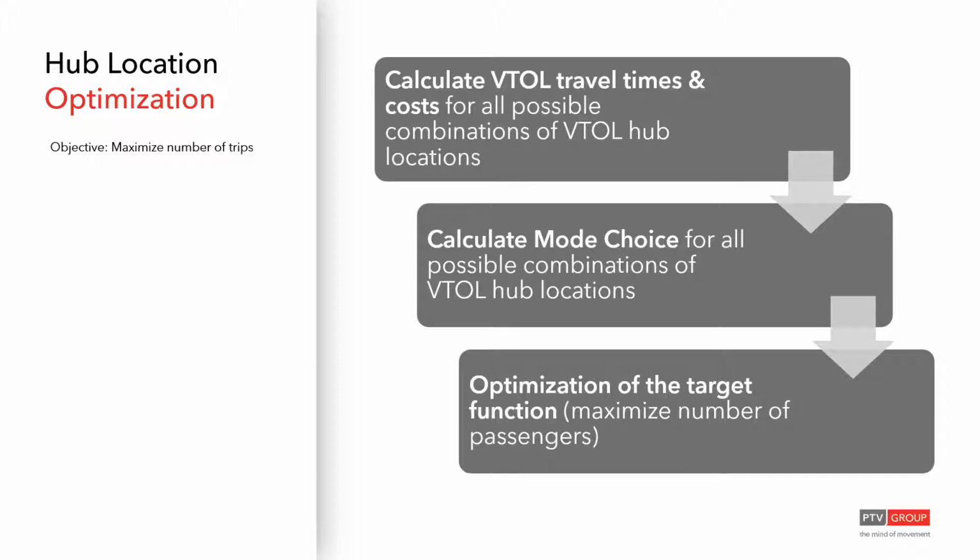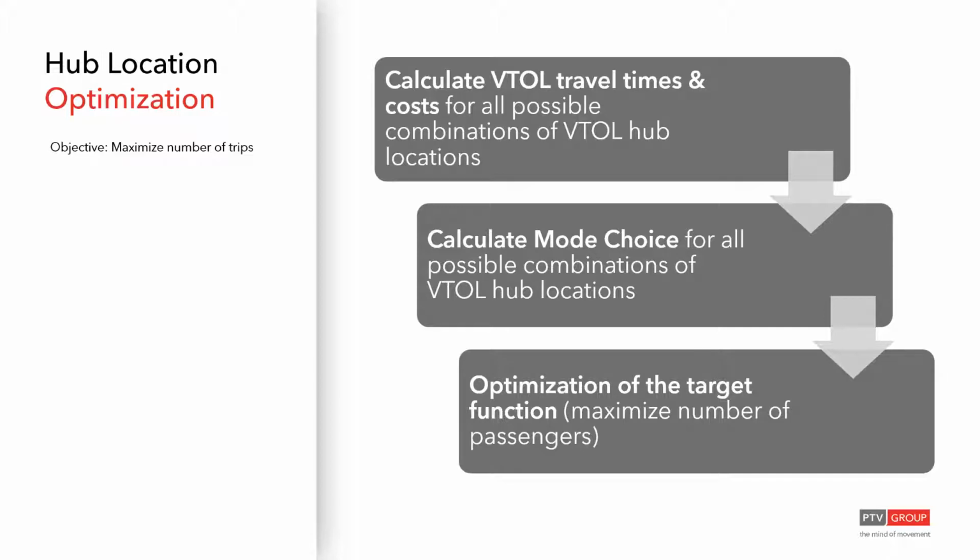The reason for having this optimization task as part of the air taxi forecasting study is in the fact that due to the access and egress mode being present in the picture, the location of the hub really plays a big role and influences the demand of the system very much. That is why optimization of the locations is very important.